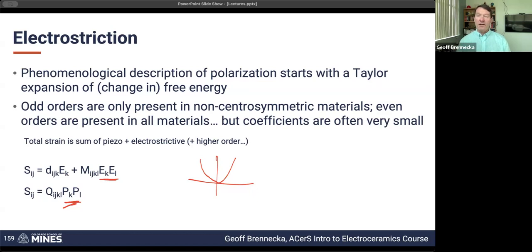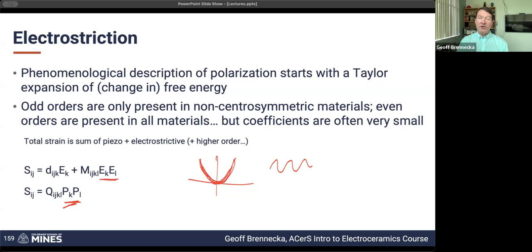If you've ever walked by a power line transformer and you hear it hum, that hum is vibration from magnetostriction. And because the strain is always positive, whether we apply a negative field or a positive field, and because we're applying an oscillating AC field, we're actually going to hear that hum.